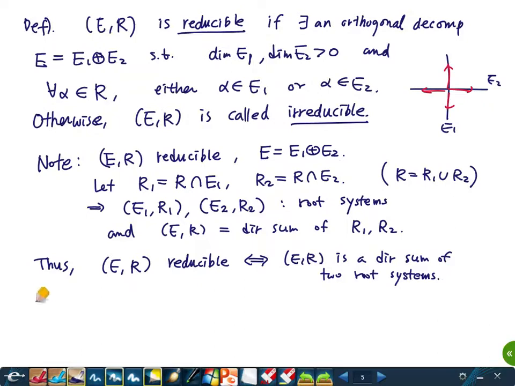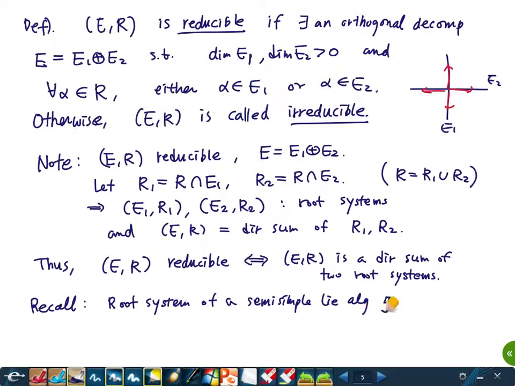And recall that the root system of a semi-simple Lie algebra g is reducible if and only if g is simple.